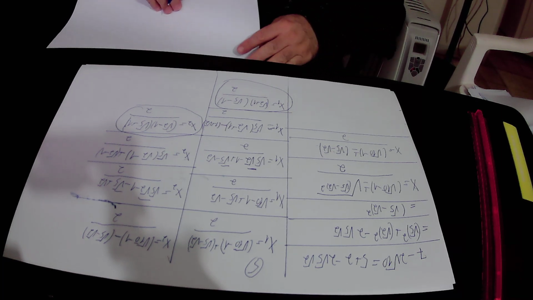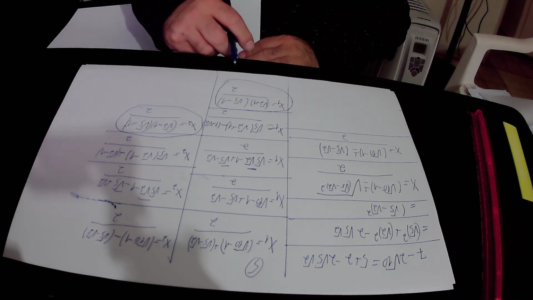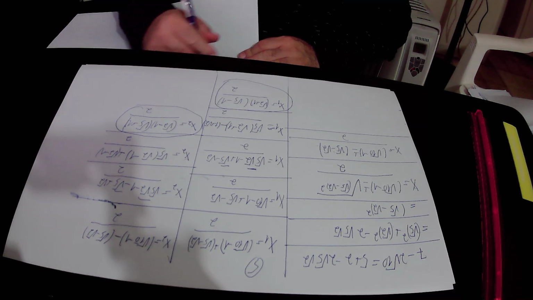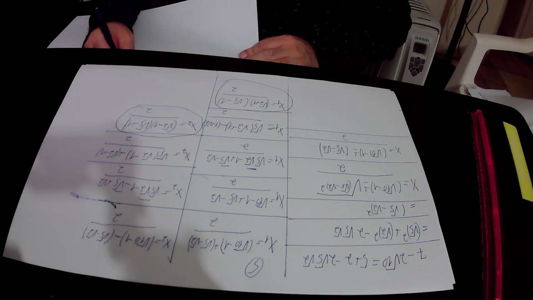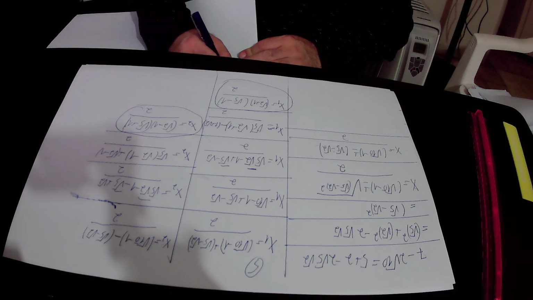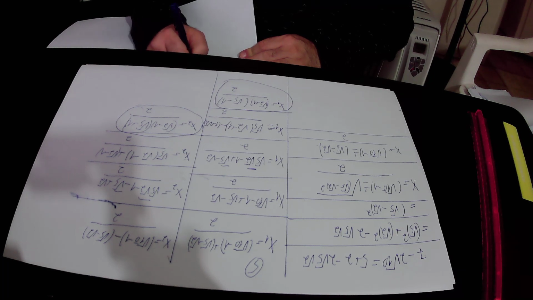So first of all, I will copy the two solutions for x to the new page, and we actually found out that x1 equals square root of 2 plus 1 times square root of 5 minus 1, all divided by 2.